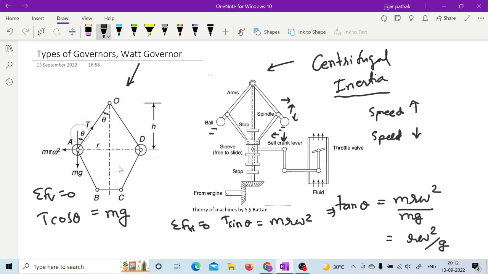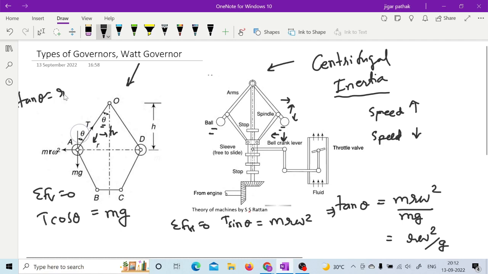Now if you observe the figure, then tan theta can also be represented as r by h, because here if you see, this is theta, so tan theta is r by h, right? You can see this r by h. Tan theta can also be mentioned as r by h, right?